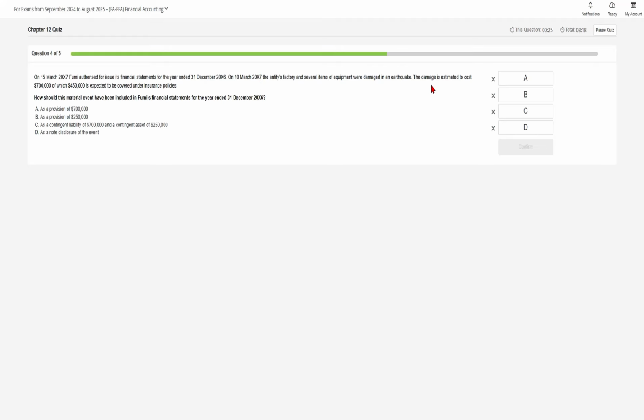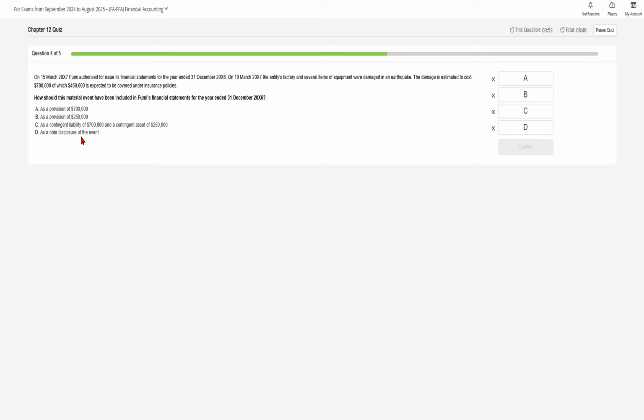The damage is estimated to cost 700,000, of which 450,000 is expected to be covered under the insurance policy. How should this material event be included in the FOMI financial statements for the year ended 31st December 2006? The options say provision of this much, contingent liability, or no disclosure of the event.